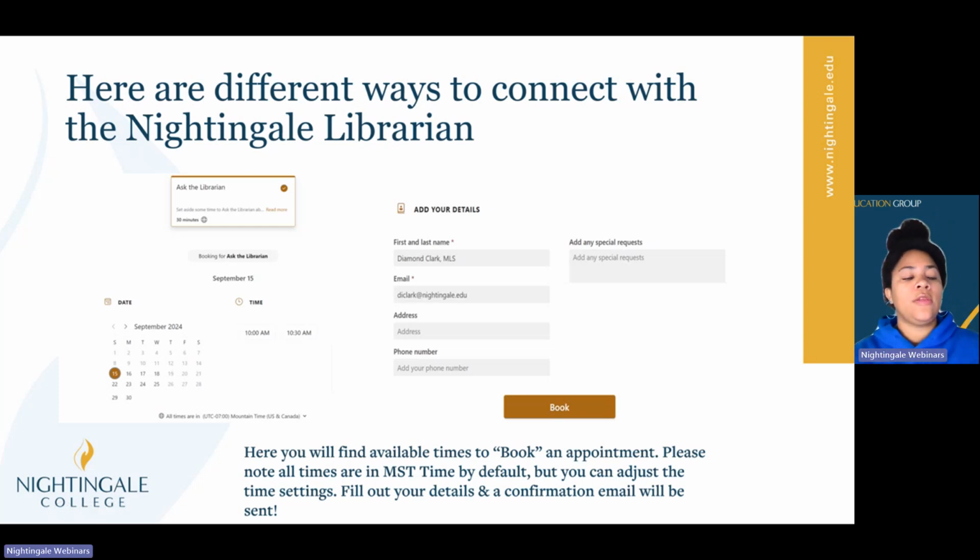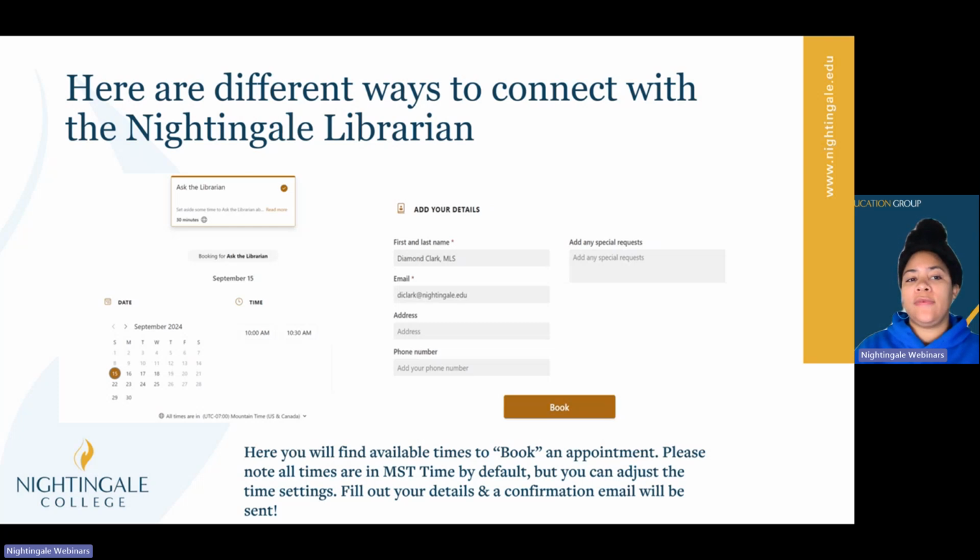Okay, so you'll know that the form went through once you receive a confirmation, and you're able to do things like reschedule your appointment. You can cancel your appointment. There are different tools and features available within the bookings feature that you will have access to later.